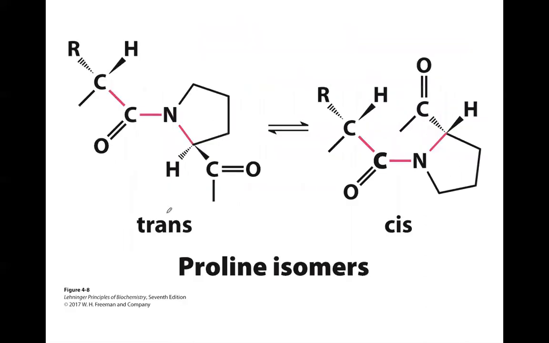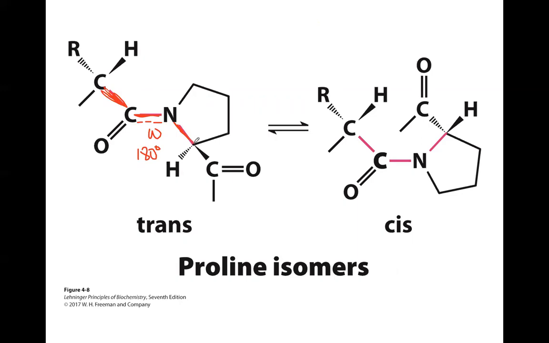So let's look at that. So here's our trans, right? So this is proline. You can see here, this is the omega angle, and there's a partial double bond character. And the angle here is 180 degrees. So it's trans, right? This goes in this direction, and this goes in this direction.